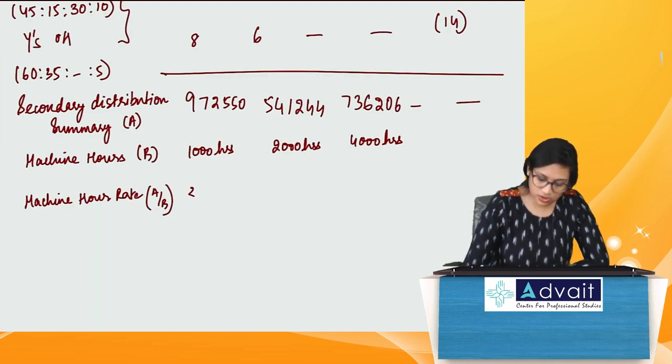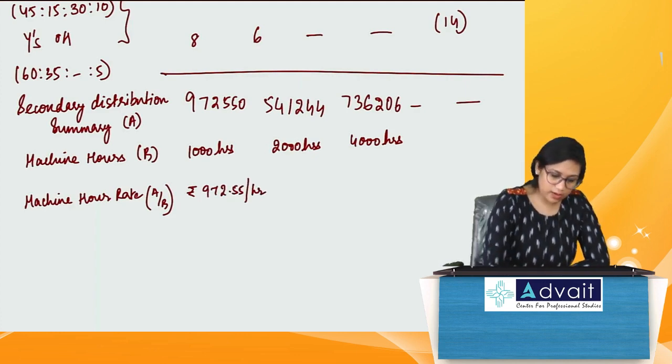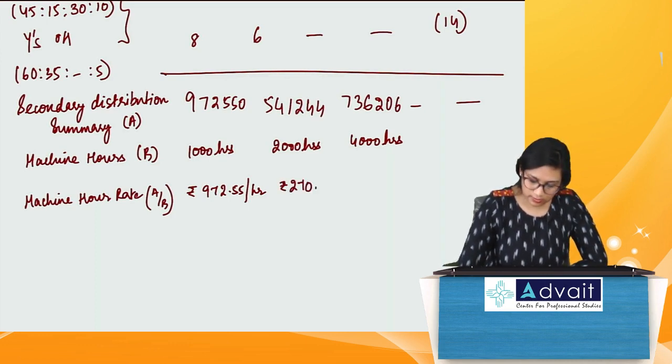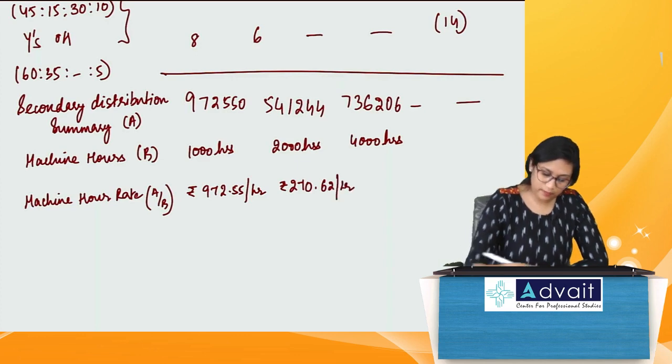So the first one is 972.55 per hour. Second one, 270.62 per hour.